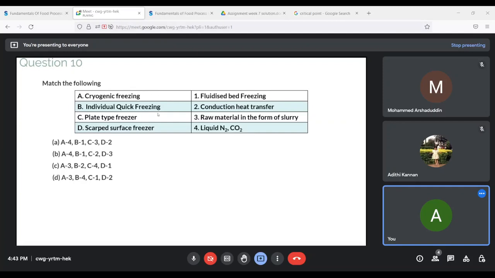So what individual quick freezing is, is that you are freezing each and every particle, each and every food product is exposed to your air or is exposed to your cooling fluid. So individual quick freezing is actually fluidized bed freezing. In a fluidized bed freezing, you will have a perforated conveyor belt sort of a setup where the belts will have holes in it and your product will be placed on top of the conveyor belt.